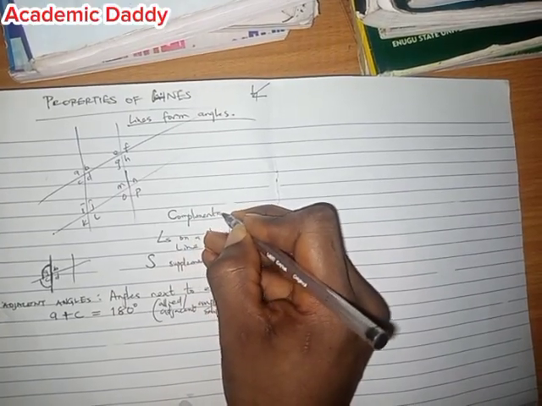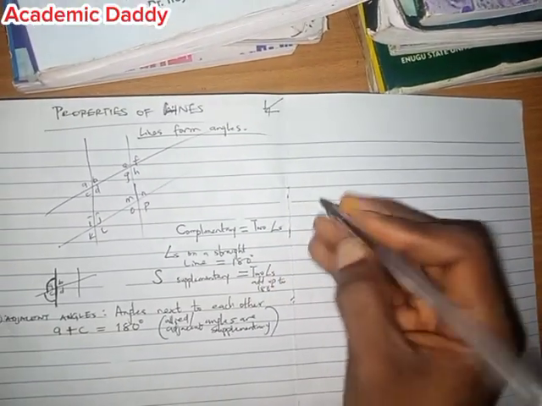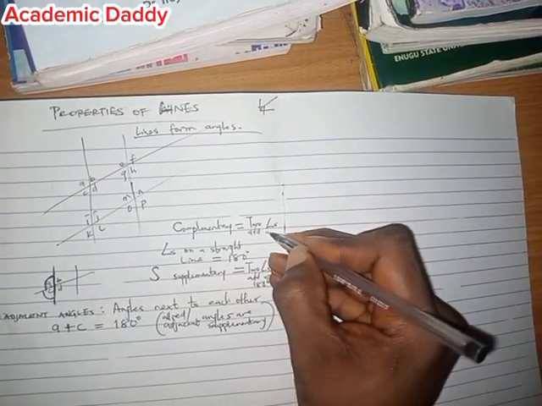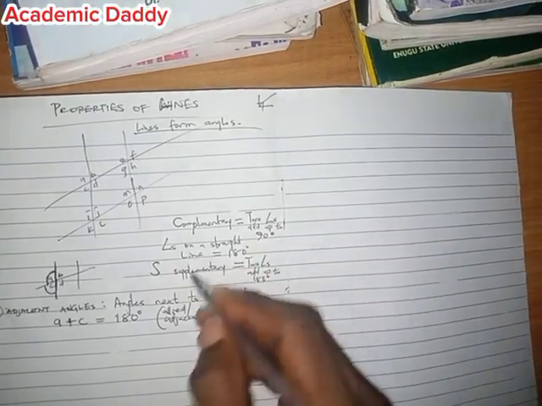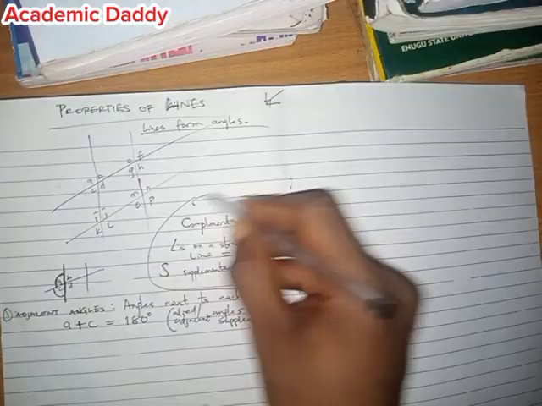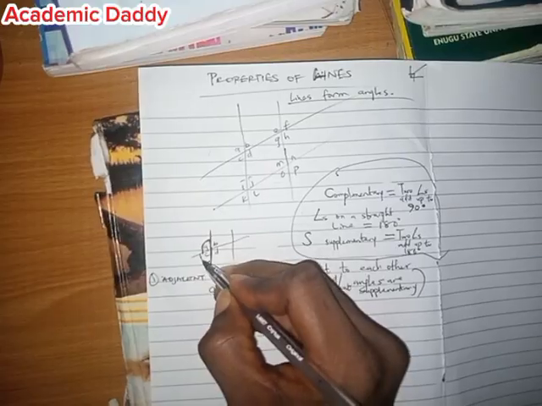Complementary angles are two angles that add up to 90 degrees. Notice, all these things are just for you to note. So let's continue. But notice A and C are supplementary.